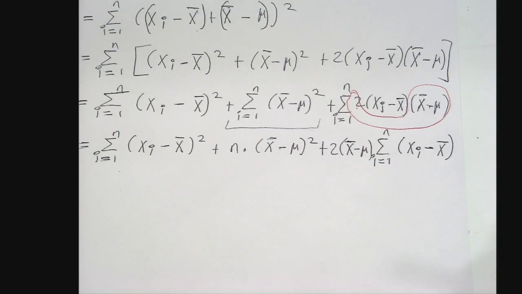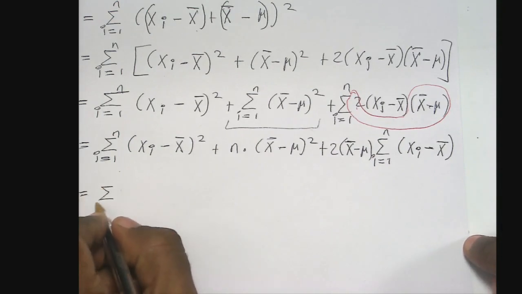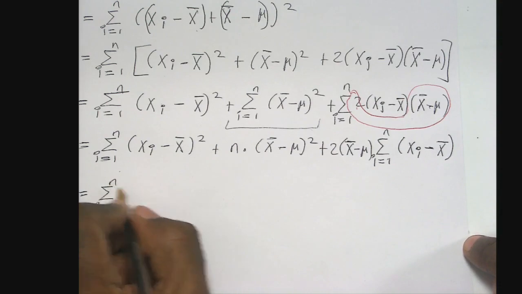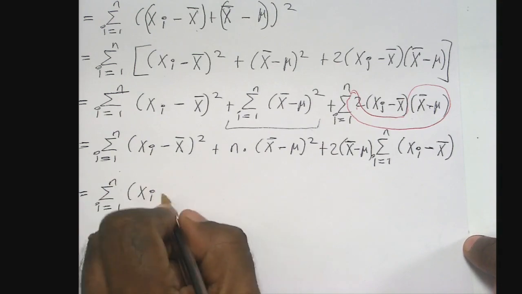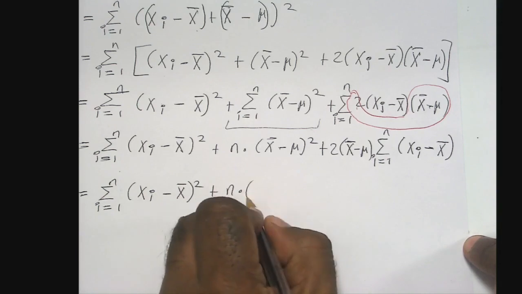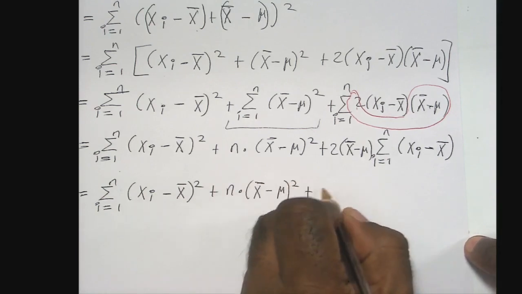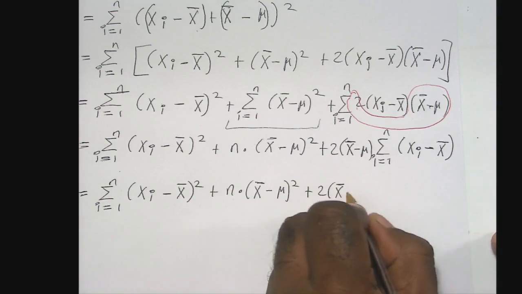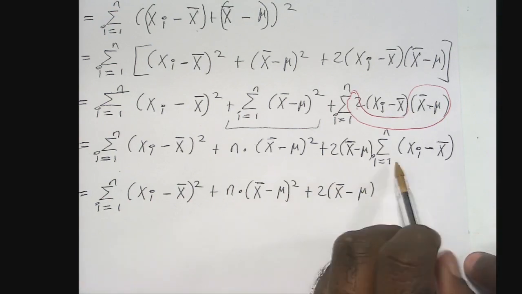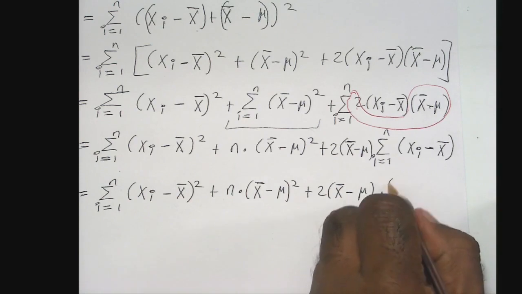Are you guys with me so far? Yeah. Alright, the next step. Now, what I'm going to do here, guys, is take the summation inside the open brackets. So what you will get is the following.